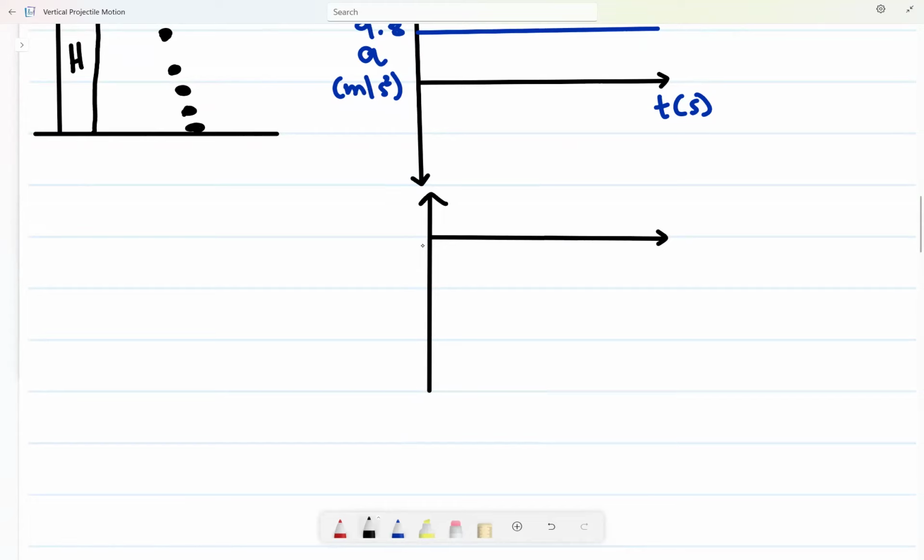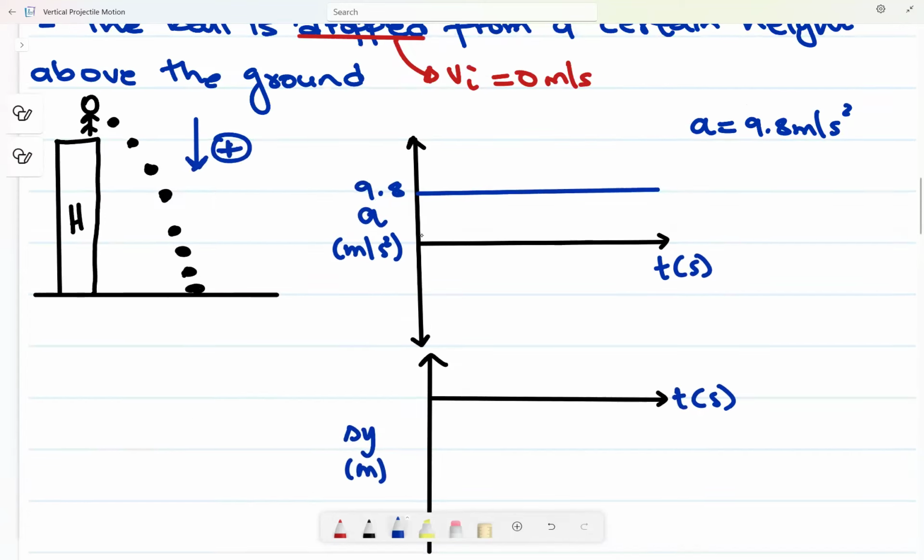This is time, and this is position, change in y, in meters. Can you see how the trajectory is here? It starts from 0 position, or whatever height, then it goes there.